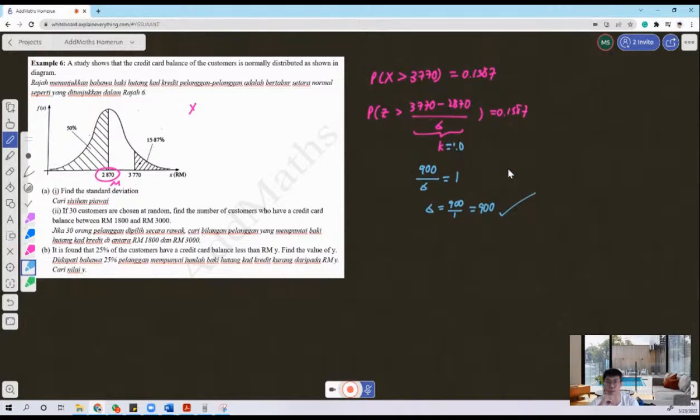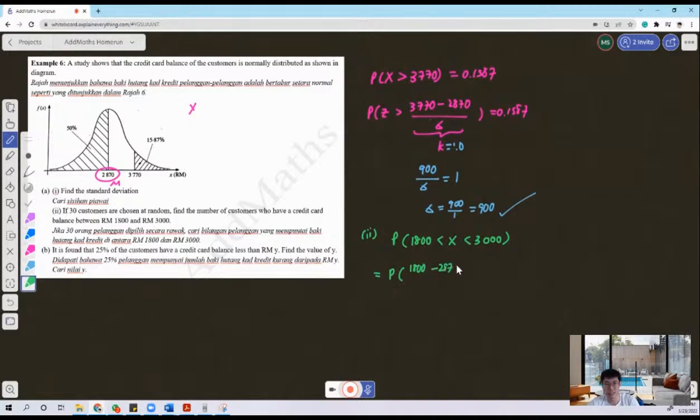Okay, this is from the table, you find out the answer. Then go to this part here, number 2. They say, from 30 customers, I want to know 1,800 until 3,000. What is the probability that customers use the credit card amount between 1,800 and 3,000? First change to Z score.